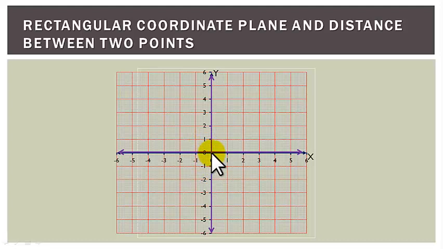This is the point O called the origin. The point O is the starting point. The horizontal line is called the x-axis, while the vertical line is called the y-axis.